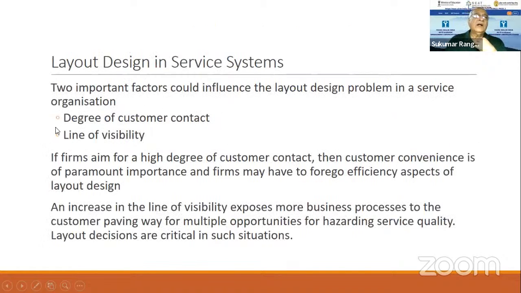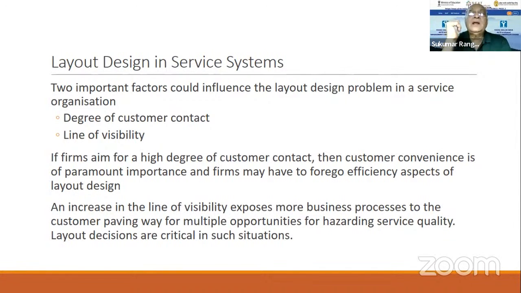Okay. Now, coming to the service systems, the two important factors which influence service systems are the degree of customer contact and line of visibility. More problem when you have more contact with the customer, but then that is not avoidable in service.